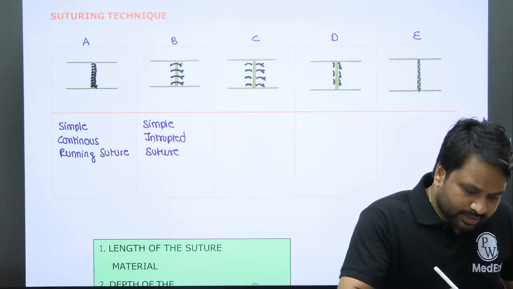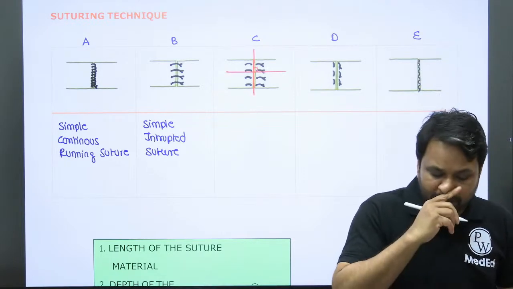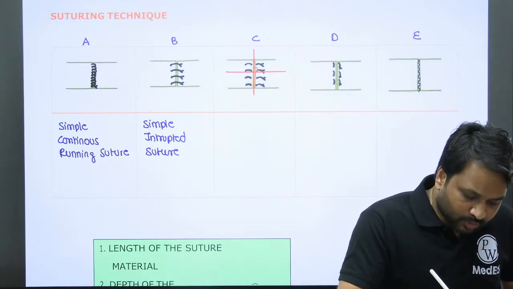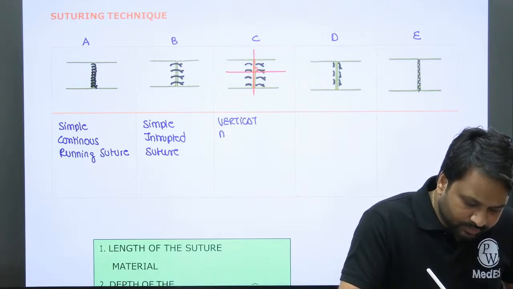Now here you can see this is the suture line, and this happens to be the wound. The wound line and suture line are perpendicular to each other. So this is what we call the vertical mattress suture.